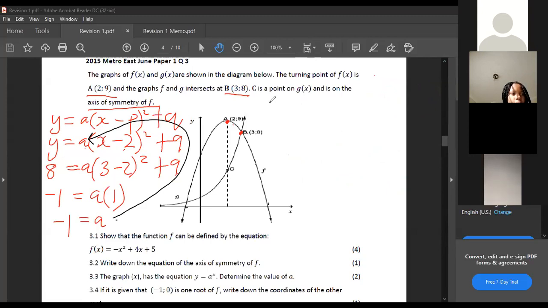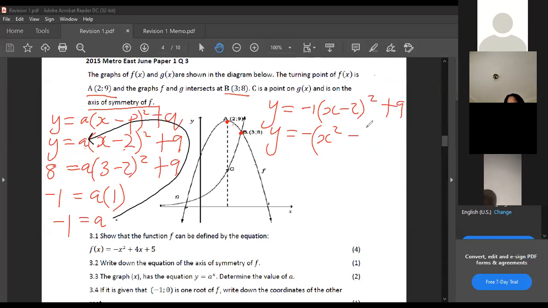Right. So it will be y is equal to, I'm substituting minus 1, minus 1 times (x minus 2) squared plus 9. Simplify. y is equal to minus, then this becomes (x squared minus 4x plus 4) plus 9. The minus is outside.